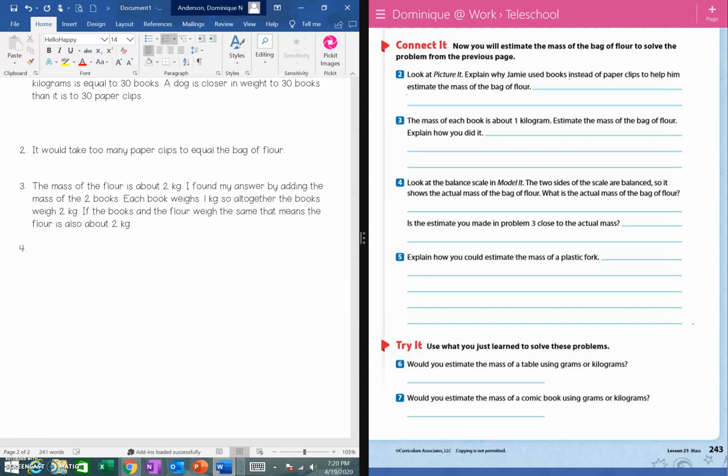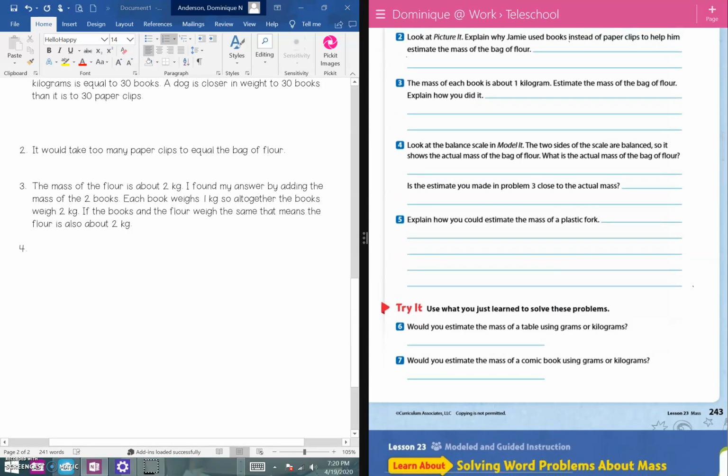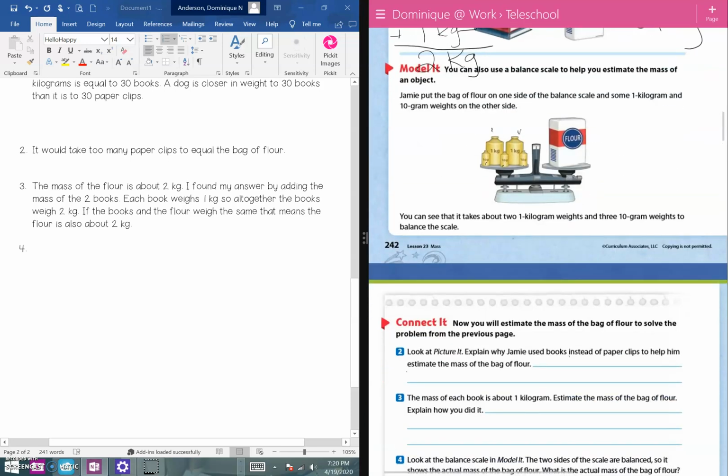Number 4. Look at the balance scale and model it. The two sides of the scale are balanced, so it shows the actual mass of the bag of flour. What is the actual mass of the bag of flour? So because you see they're the same, one side is not higher than the other, that means it weighs the same. So now we need to figure out how much the flour actually weighs.